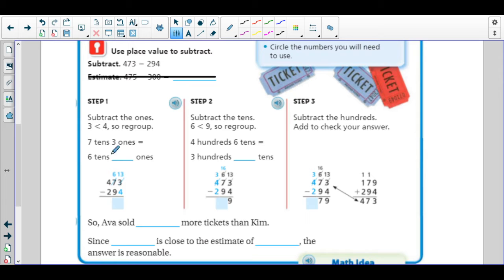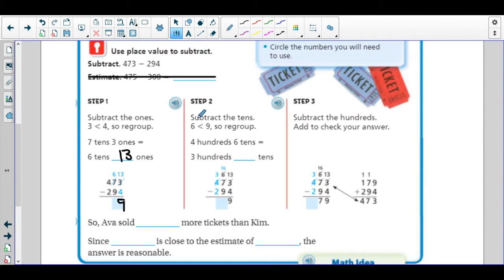And that's where we then say that 7 tens and 3 ones is equal to 6 tens and 13 ones. And that we are able to subtract. 13 minus 4 will give us 9.